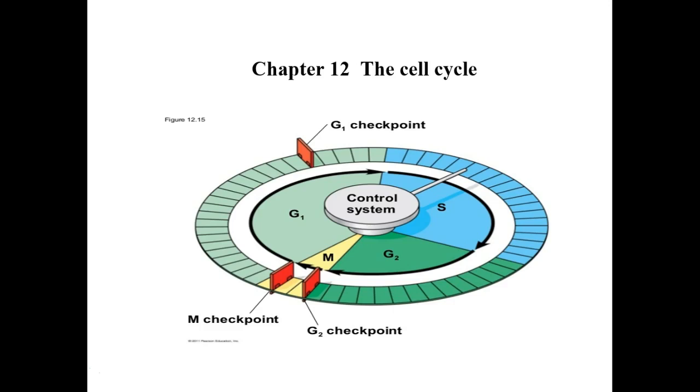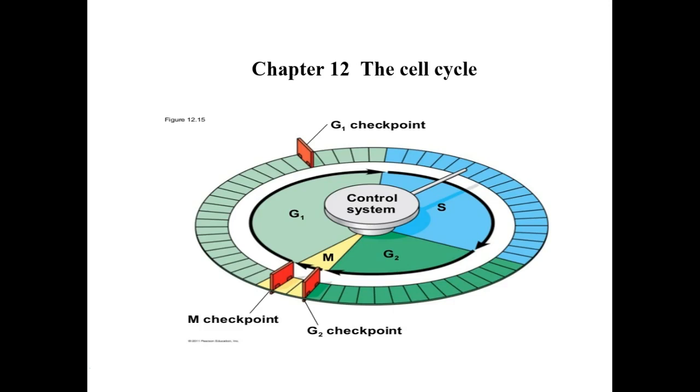And many times when we talk about the cycle of the cell, you'll talk about it in its phases, or you'll talk about what the cell is actually doing and attach that to a portion of this circle. And at each time there are checkpoints.